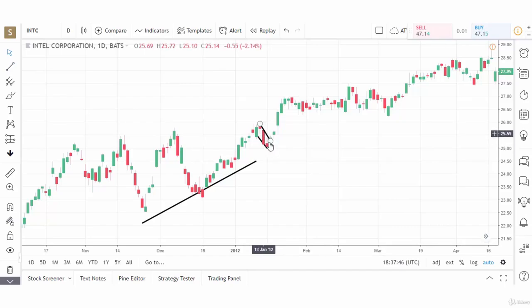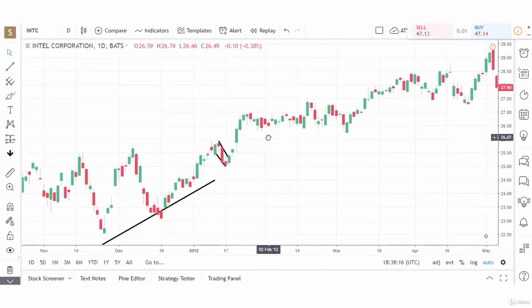After this 3-day pullback, on the 4th day, the stock breaks the upper bound or the resistance level of our flag and moves to the upside. This could have been our buy signal, or we could have purchased the following day after it was clear that the stock had broken this short-term flag pattern.